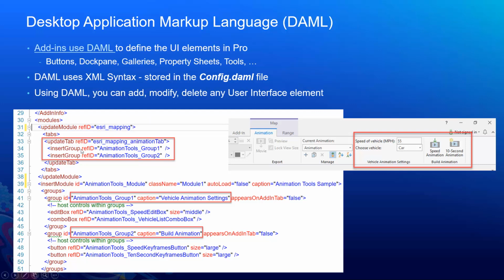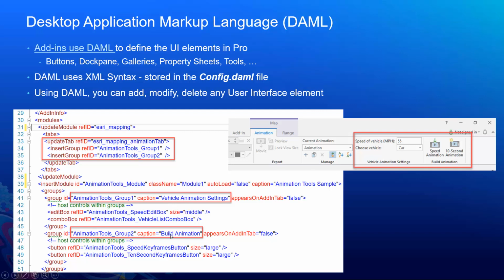You can see that there are two groups that have been defined, and those are going to be updating the animation tab. Here's group 1 and group 2. On group 1, it's got a caption of vehicle animation settings, as you can see right there. There's an edit box and a combo box.